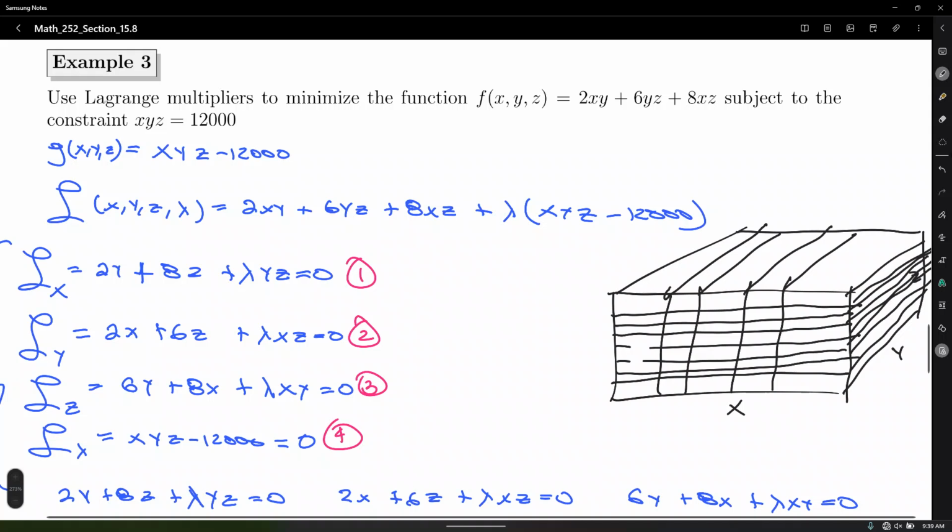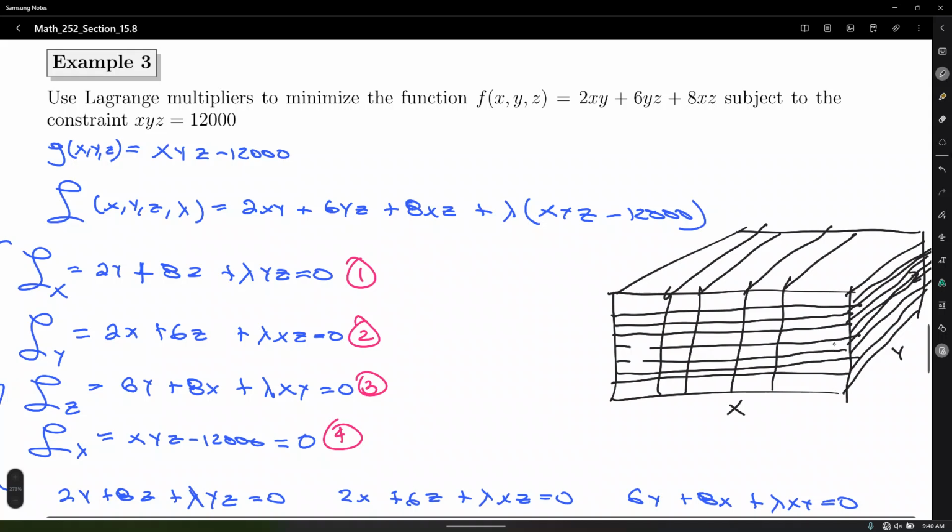Maybe you are using this function to design a parking lot that is subject to a volume of 12,000, not feet, maybe yards, I don't know. Because at the scale of a parking lot, we need a larger unit, a unit that denotes a larger dimension. And you, as a civil engineer or an architect, are designing this parking lot to have how many stories?